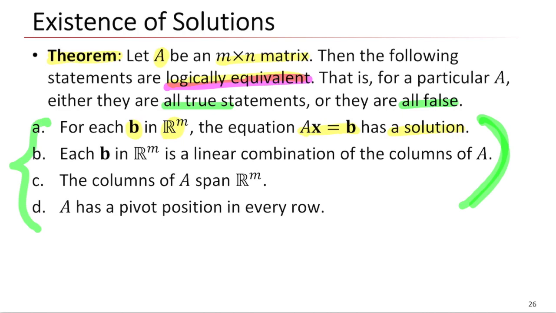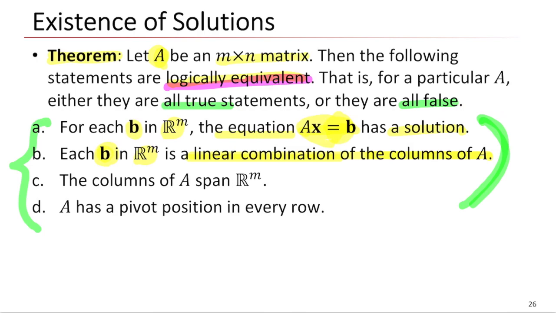What does that mean? For arbitrary matrix A, if Ax equals b has a solution, then it is equivalent to another statement. Let's see. Each b in R^m is a linear combination of the columns of A, right? What does that mean? If the vector b is a linear combination of the columns of A, the equation Ax equals b has a solution.